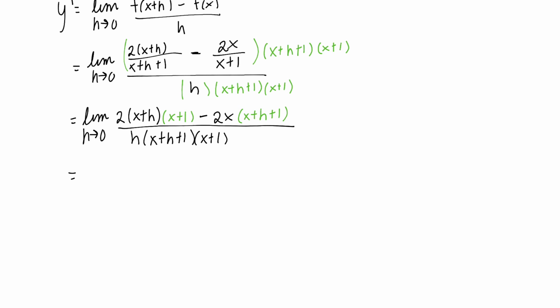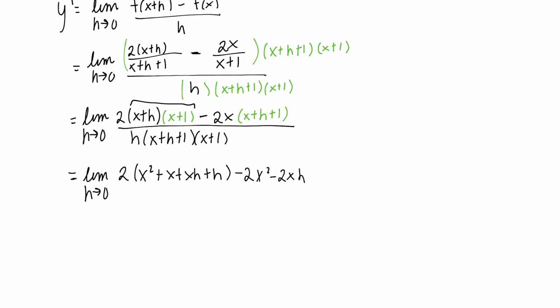So I am going to FOIL. I'm going to FOIL this part first. So I have x squared plus xh plus h minus, and then I'm also distributing here, so minus 2x squared minus 2xh minus 2x, all over h times x plus h plus 1 times x plus 1.